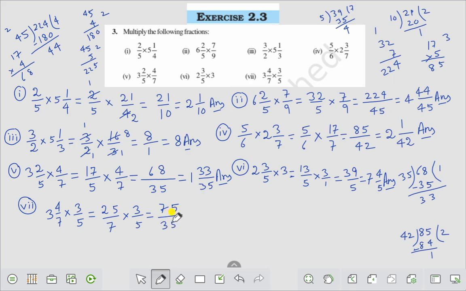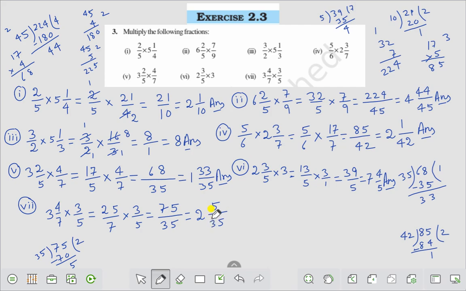Now divide 75 by 35. 35 2s are 70. 75 minus 70 is 5. Right? Therefore, we are getting 2 whole 5 by 35.